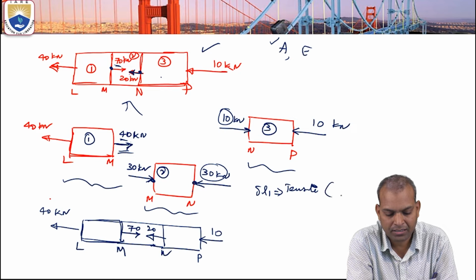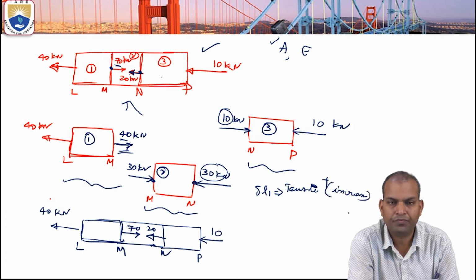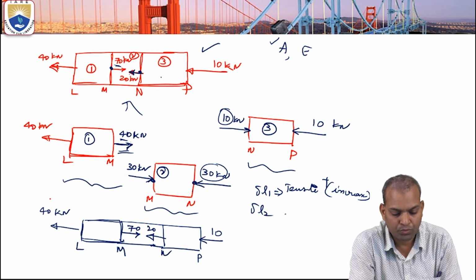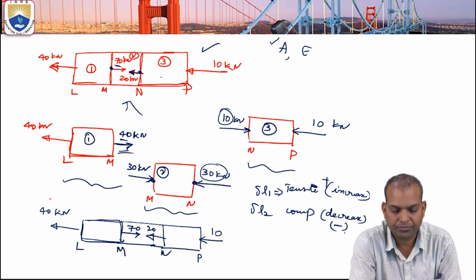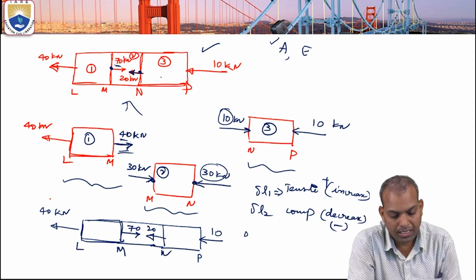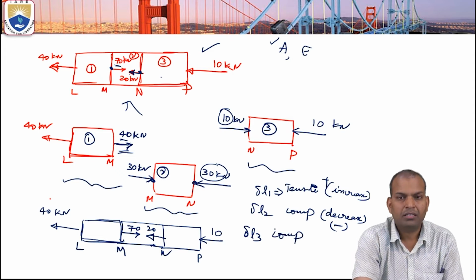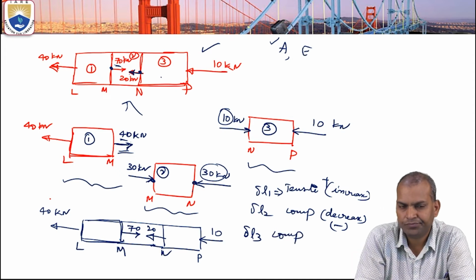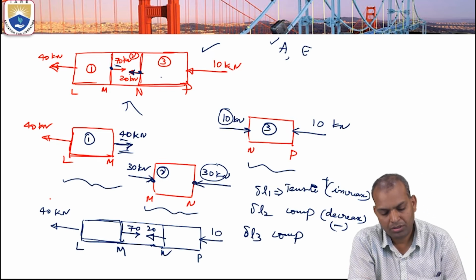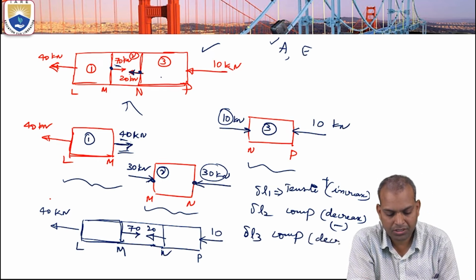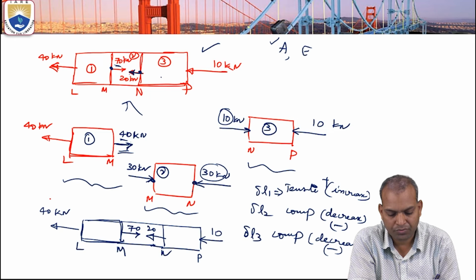Tensile load is acting, so it increases the deformation, positive. Delta L2, compressive load, it is a decrease, so negative. Delta L3 is again acted on by compressive load, so again a decrease, negative.